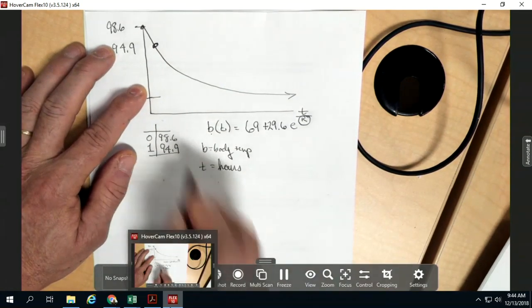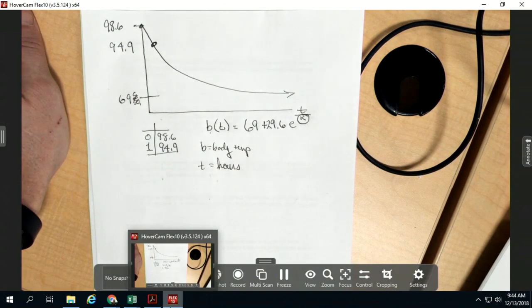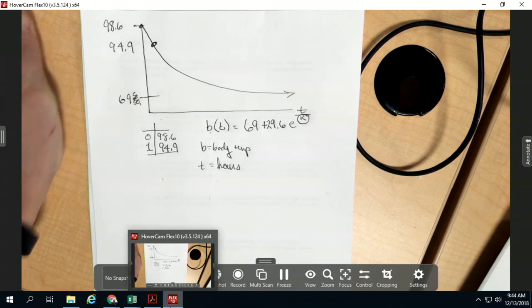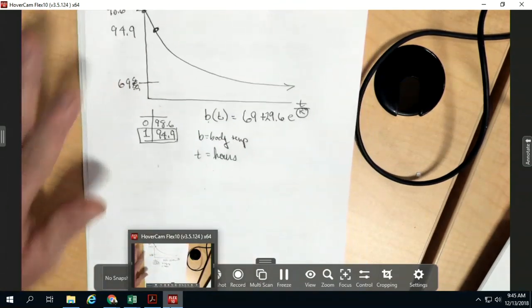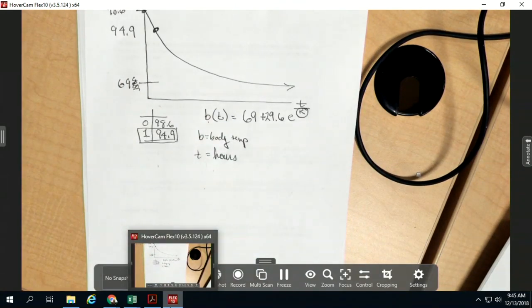So we have to figure it out from this point here. What's the point with the 3.7? Do we even use that in this one? Yeah, that's what we're using right now. We use that to get this point right here. We used it to find out what the temperature was 1 hour in. Okay? So now we can substitute.